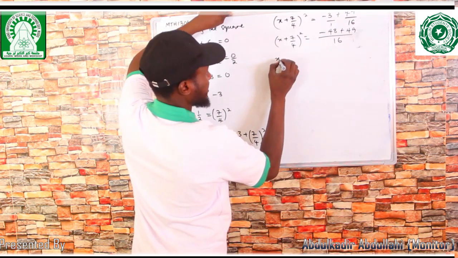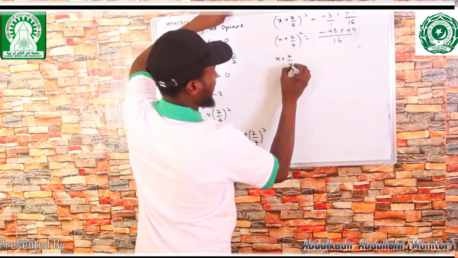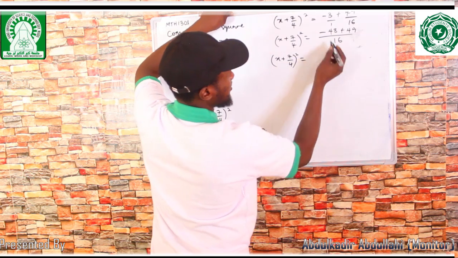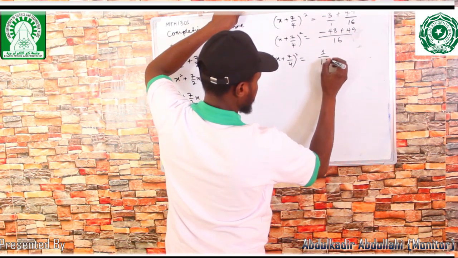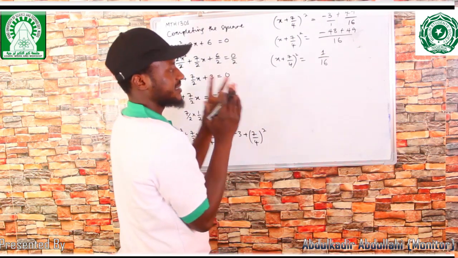So we have x plus 7 over 4 squared is equal to 1 over 16. Now we have a single fraction.